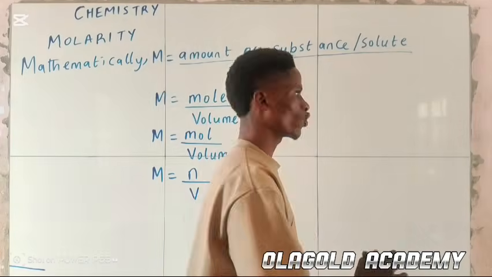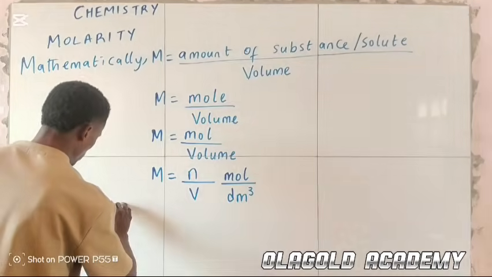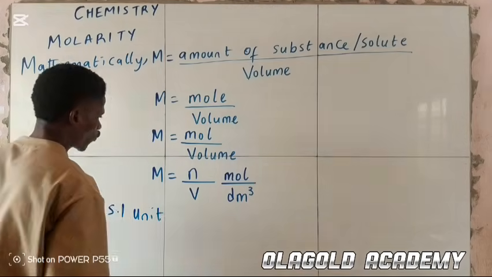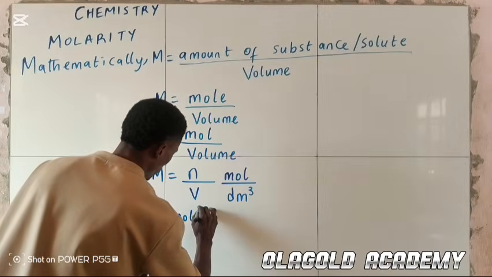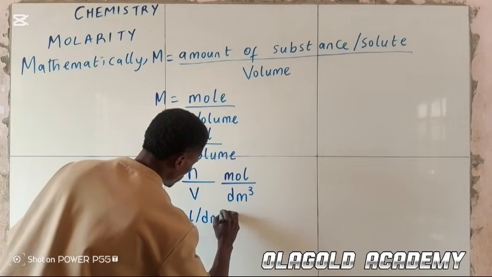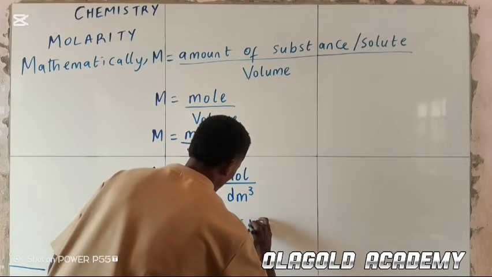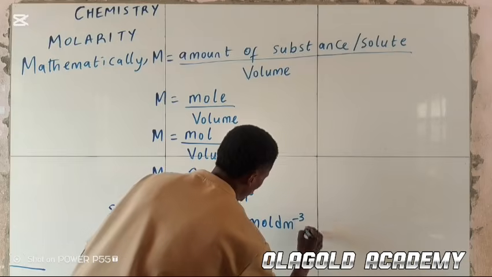So we can say that the SI unit of molarity is what there? Mole per dm³. We can have this as mole per dm³.